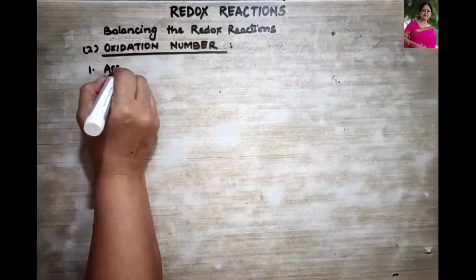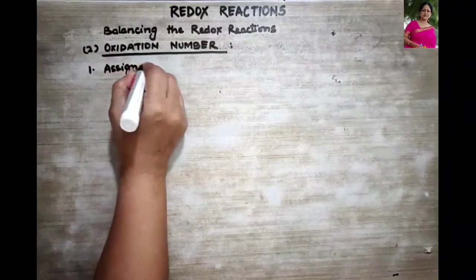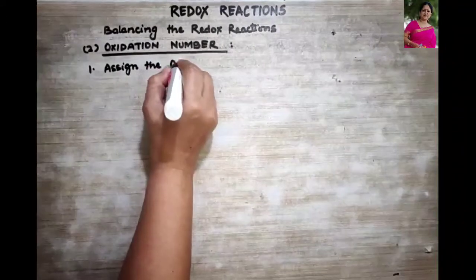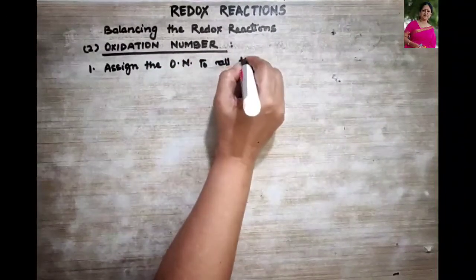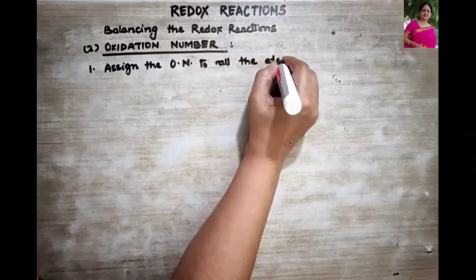So your first step is to assign the oxidation number to all the atoms.